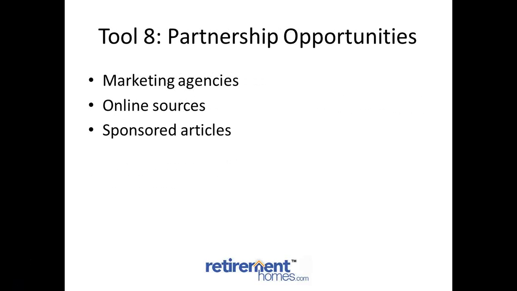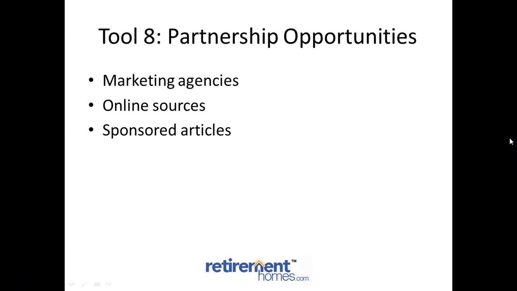Partnership opportunities, tool number 8. Really what I'm saying here is how can you find other stakeholders with whom you have a common audience, mutual benefit, and shared opportunities for clients. What does that mean? If there's mutual benefit, it means online sources, websites, directories, and it can include media.